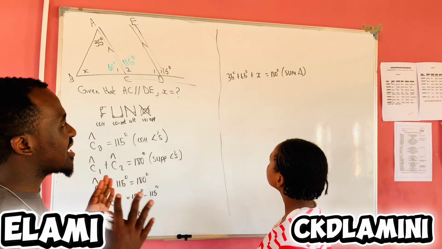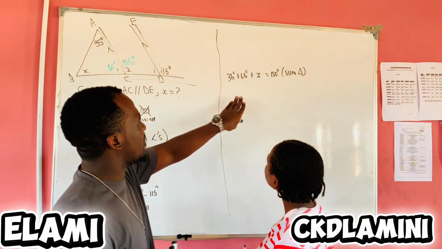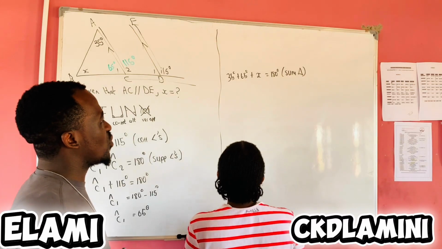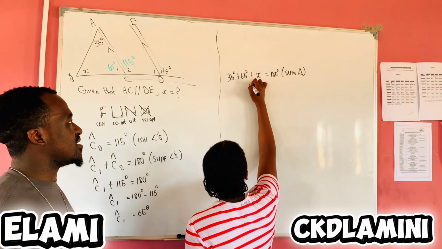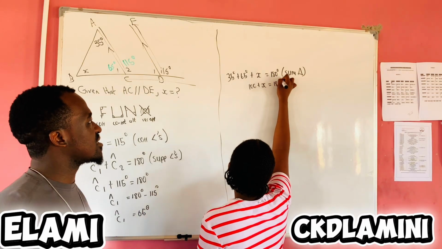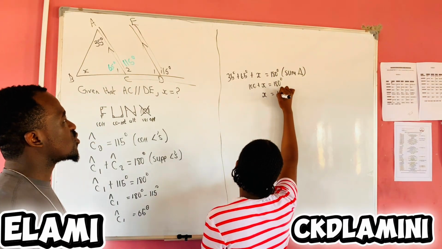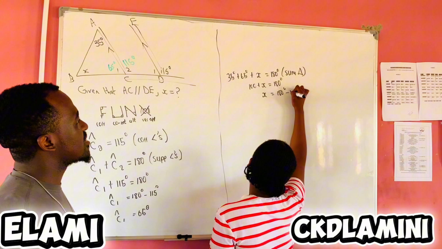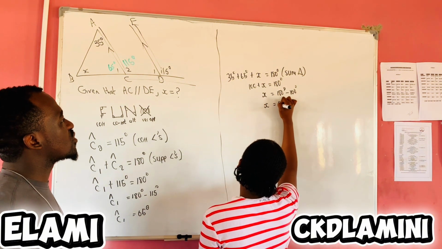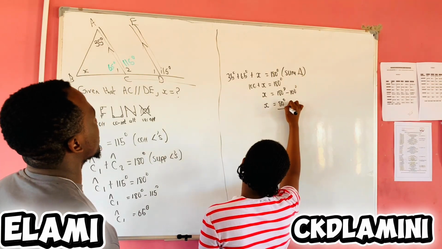So we're going to have 100 plus X, write it, Elam. 100 plus X, which is equal to 180. Then continue to solve for X. Our X is equal to 180 degrees minus 100 degrees, yes. Then X is equal to 80 degrees.